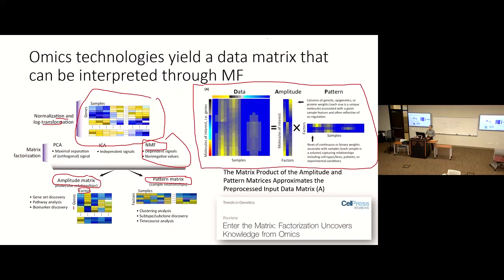You have a small number of factors, in this case three factors. When you do the multiplication between these two matrices, you get the observation. All right?